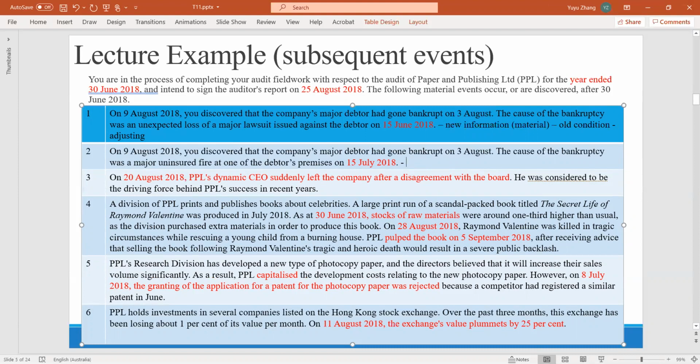So the second, still on 9th of August. The major debtor has gone bankrupt in August. The cause was a major uninsured fire at one of the debtor's premises on 15th of July. So still new information, material. Is this about an old condition or a new condition?